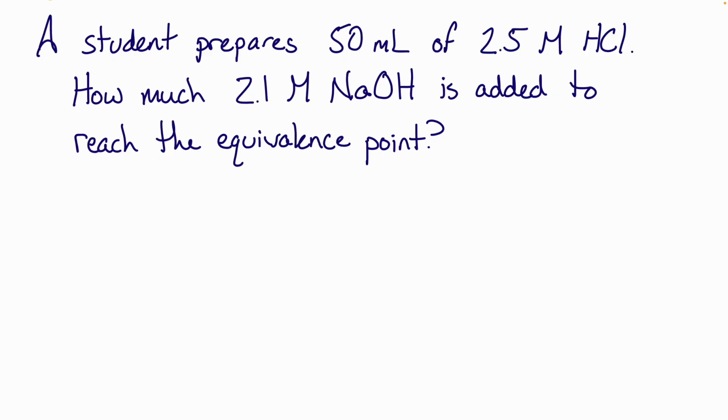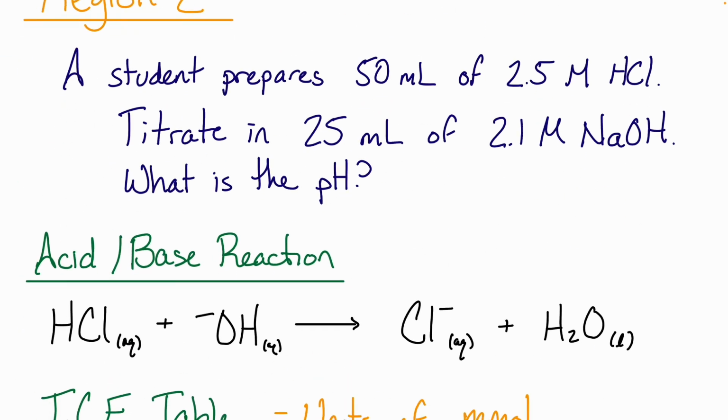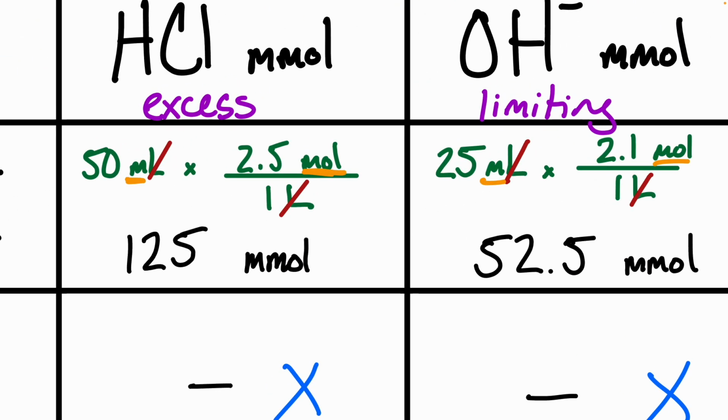All right, how many millimoles of acid did I start out with initially? According to our ice table calculations, we took our 50 milliliters, multiplied it by that 2.5 molar solution. That gave us 125 millimoles of acid.